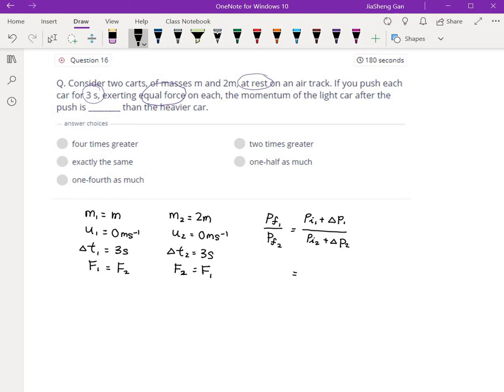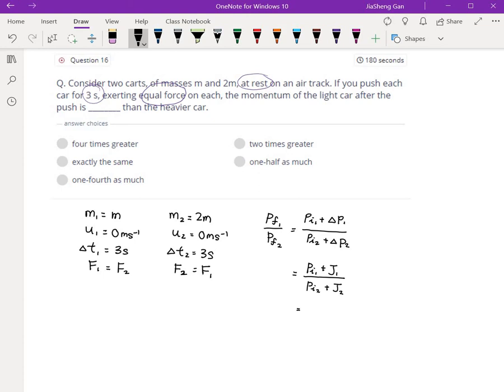But we know that change in momentum is equal to impulse. Change in momentum will be equal to impulse.